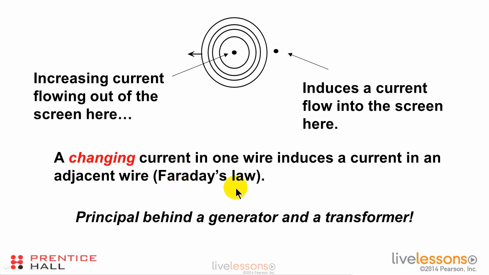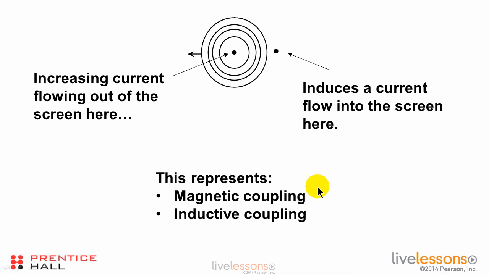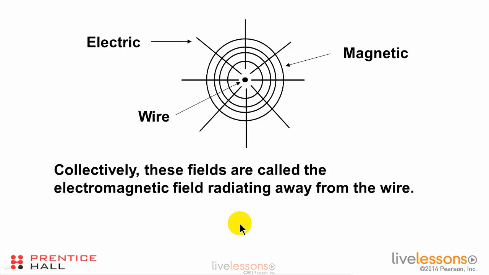That represents Faraday's law. A changing current in one wire induces a current in an adjacent wire, and that's Faraday's law. And that's the principle behind a generator and a transformer. And we call this magnetic coupling or inductive coupling. Again, from a practical standpoint, those two things mean the same thing.